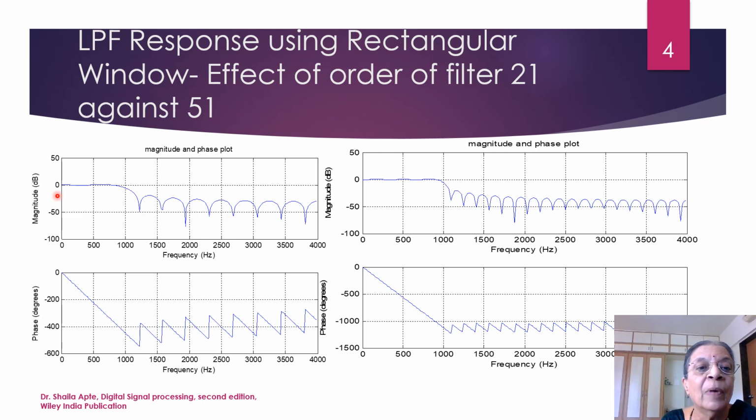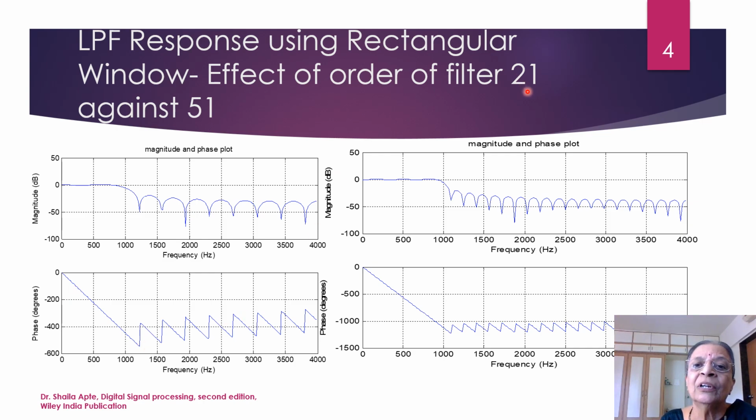The side lobe amplitude is around, say, minus 20, 22 dB, which is not sufficiently low. So the frequencies above cutoff are not totally eliminated. They are remaining. Of course, the linear phase response is there in the passband.